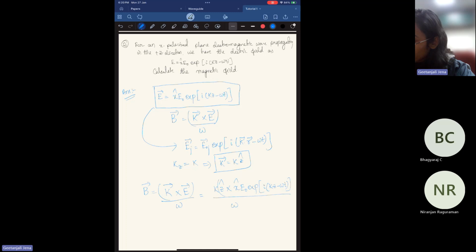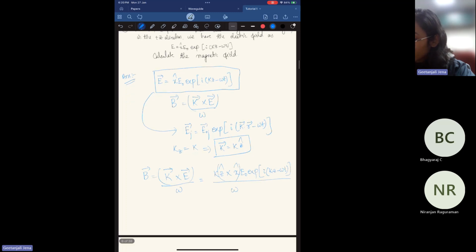And the cross product of z with x will give y cap, right? So it is y cap k by omega E0 exponential i(kz minus omega t). You can take this as some amplitude B0. So the expression for B is B0 y cap exponential i(kz minus omega t).